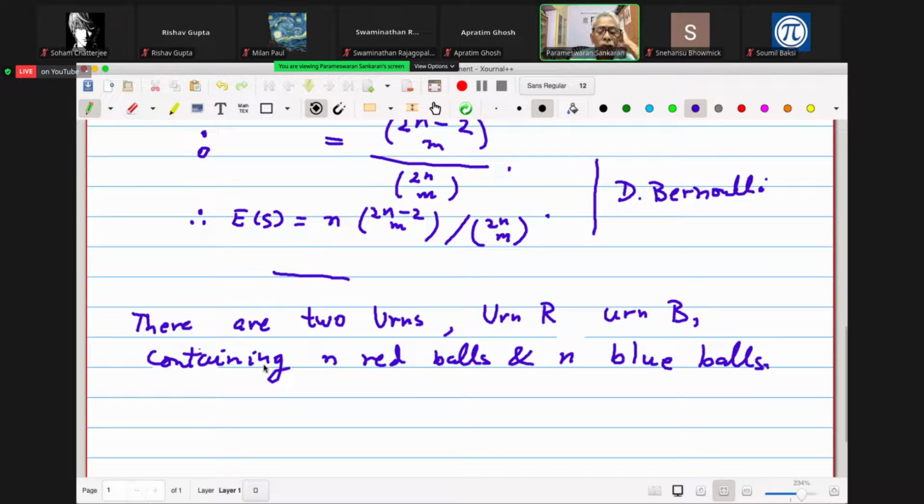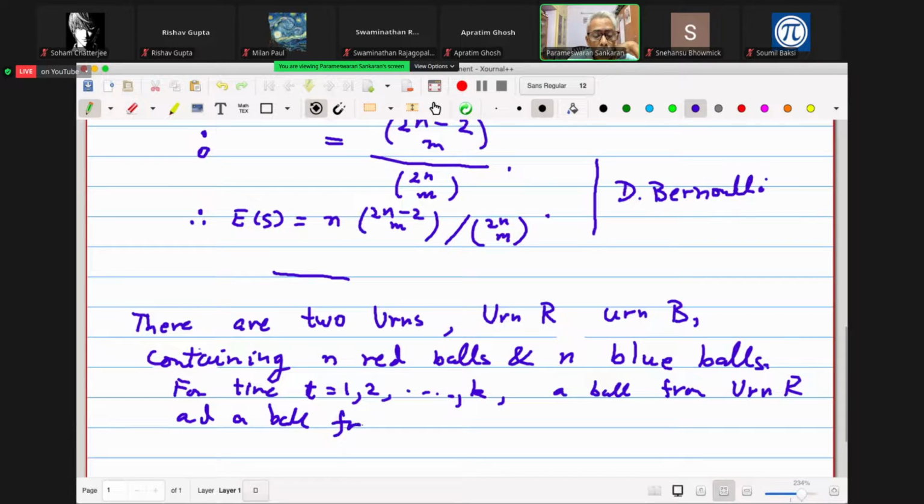Now the question is, for time t equals 1, 2, 3, and so on up to k, a ball from urn R and a ball from urn B are drawn and swapped.